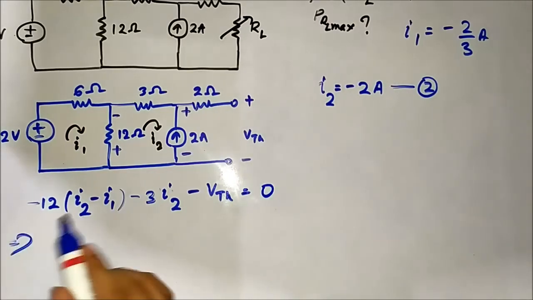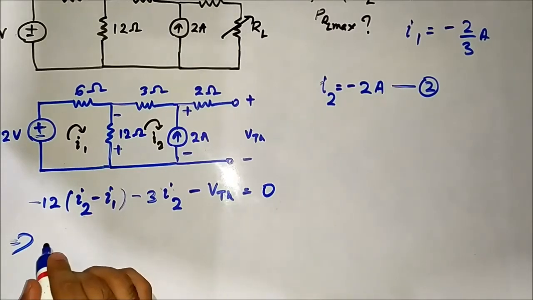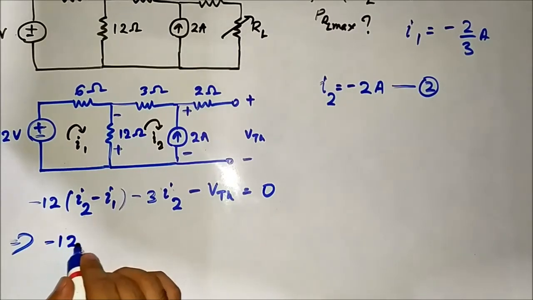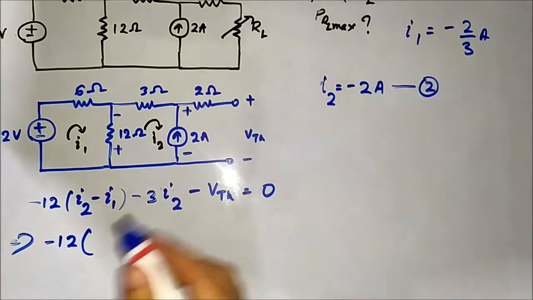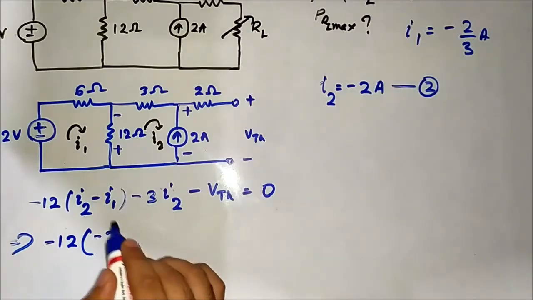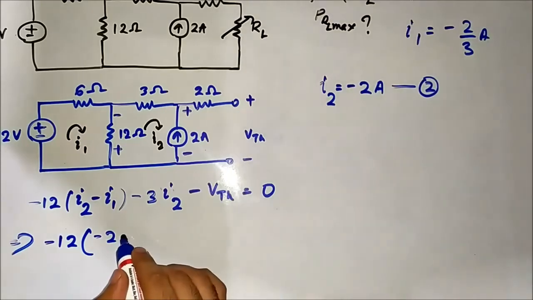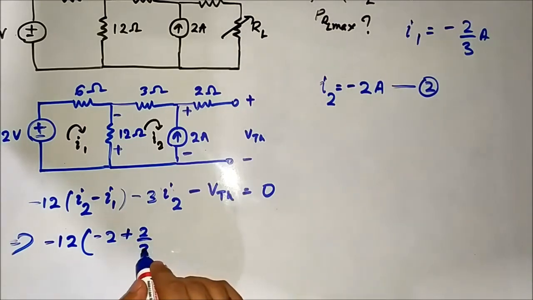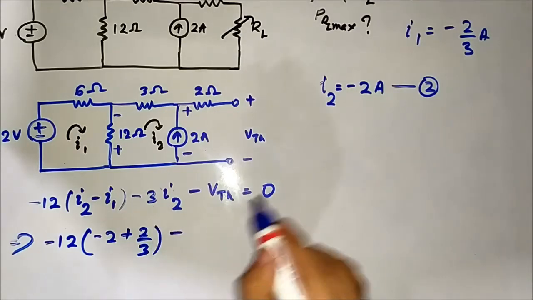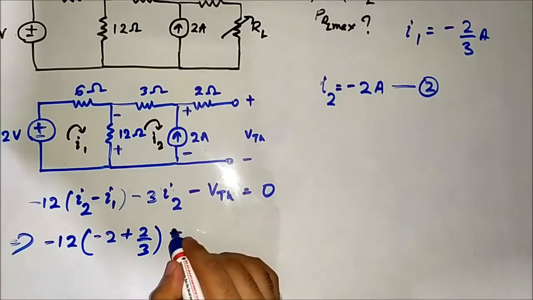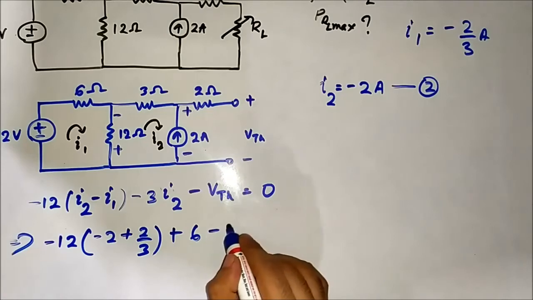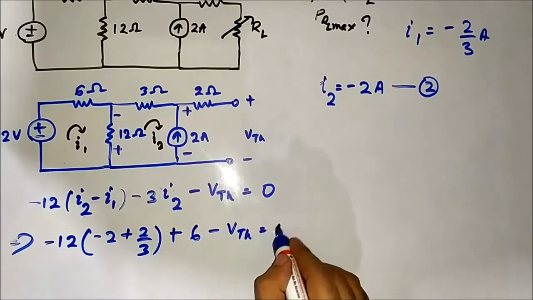That implies minus 12 into I2 minus I1, where I2 is minus 2 ampere, so minus 2 minus I1, which is minus 2 plus 2 by 3, minus 3 I2, which is minus 3 into minus 2, which is plus 6, minus VTH is equal to 0.